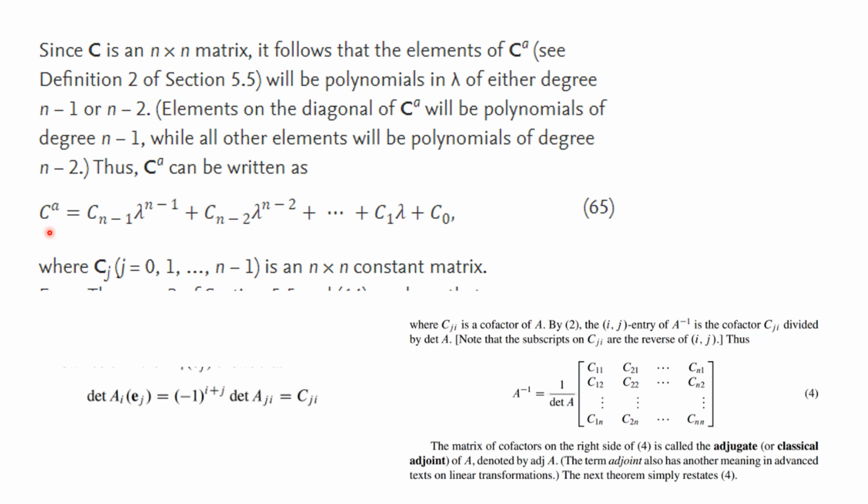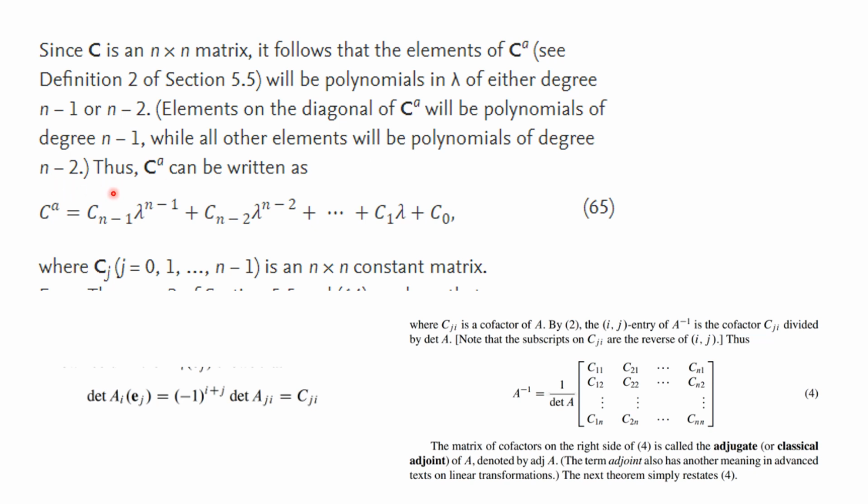By the very construction of this, elements on the diagonal will be polynomials of degree n minus 1, while all the others will be polynomials of degree n minus 2.